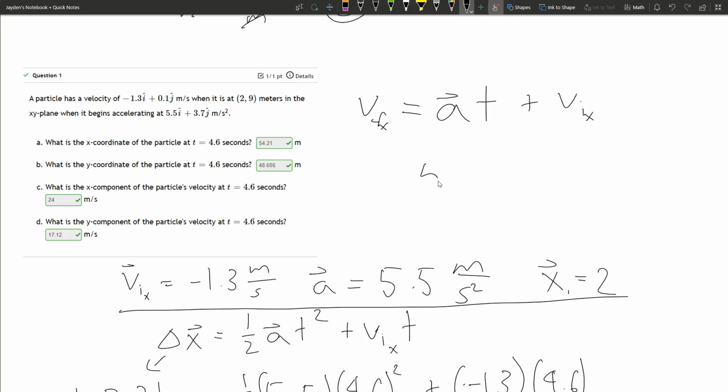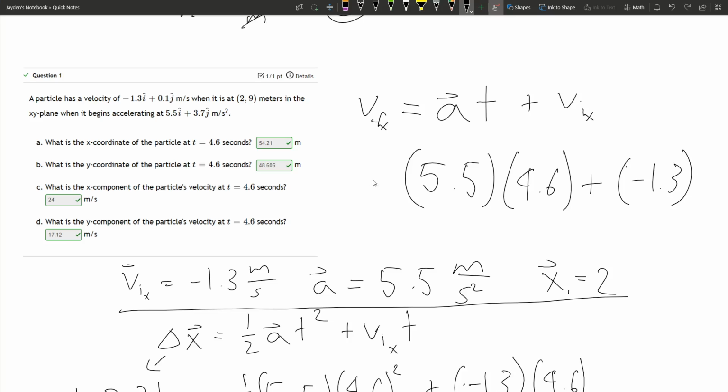So let's plug our values in and see what we get. We should get 24 meters a second, which is, as you can see, the answer to that problem.